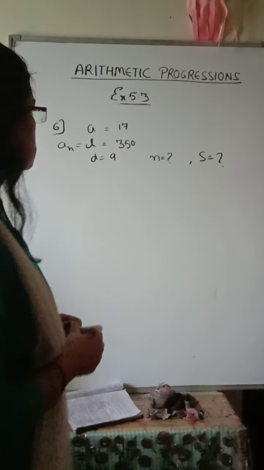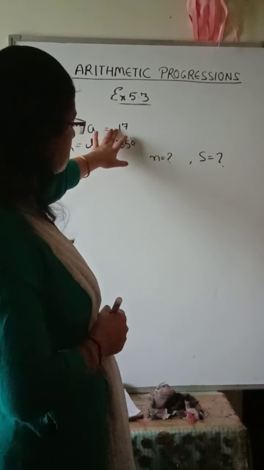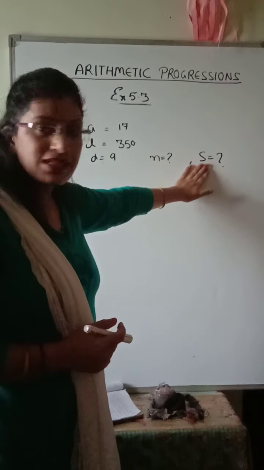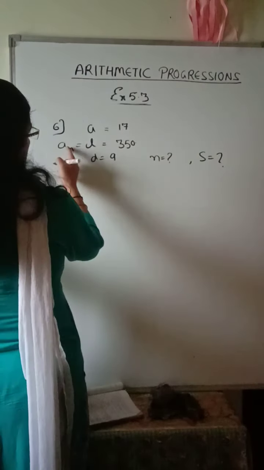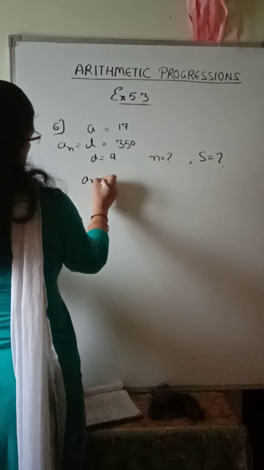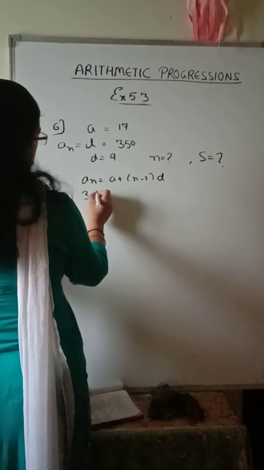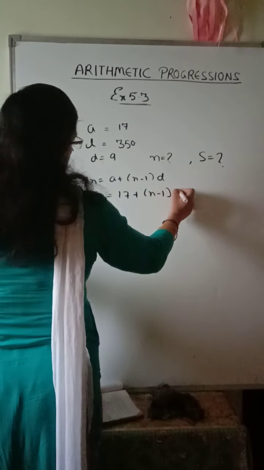These are given to us. Okay? So the nth term is given. We will find it using A plus n minus 1 into D, and then we will get our n. Once we get n, we will find S using the A plus L formula. So we will write the nth term formula, because this is what is given. So nth term equals A plus n minus 1 into D. The nth term 350 equals 17 plus n minus 1 into D, which is 9.